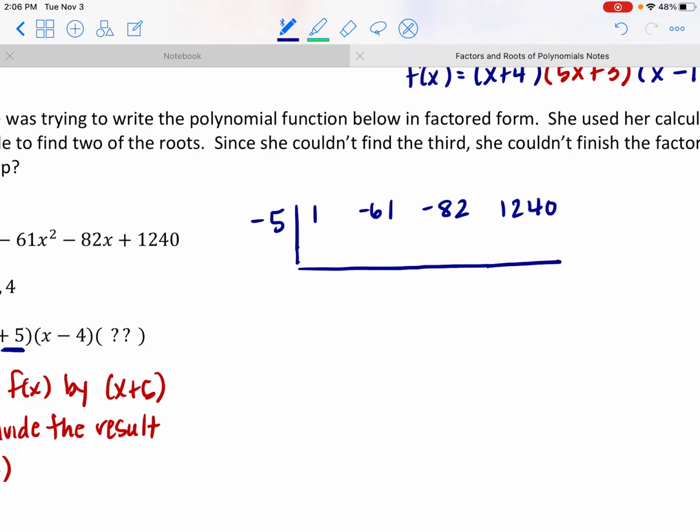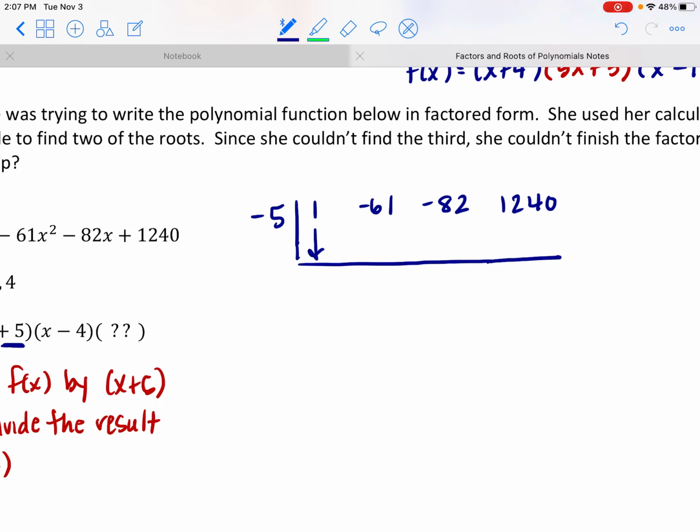And now let's do our synthetic division here. So we start by bringing down our first number, and then remember it's multiplying and then adding until we get to the end. And we know at the end here we should have a remainder of 0 because we already know that x plus 5 is a factor. So if we don't get a 0, then we know we messed something up. Okay? So negative 5 times 1 is negative 5. If we add these, we get negative 66.